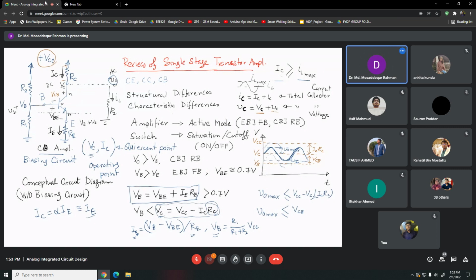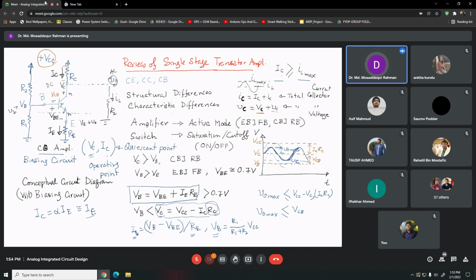The output voltage varies around VC, the collector DC voltage. The output current, the load current, will also vary around this collector current IC. So these two parameters together are called the quiescent point or the operating point of the amplifier, and these are the two very important parameters when you want to design the amplifier, not just the gain.